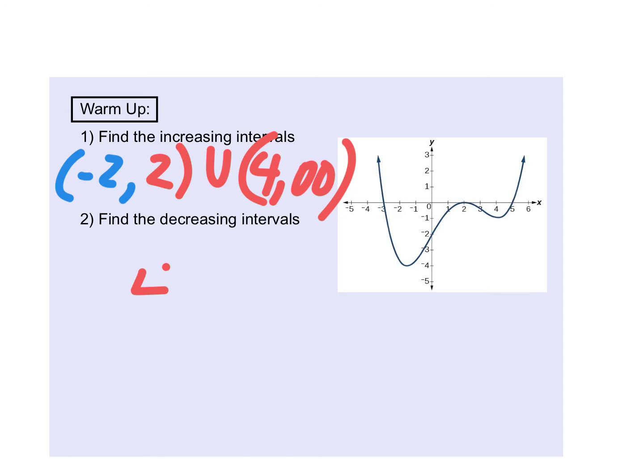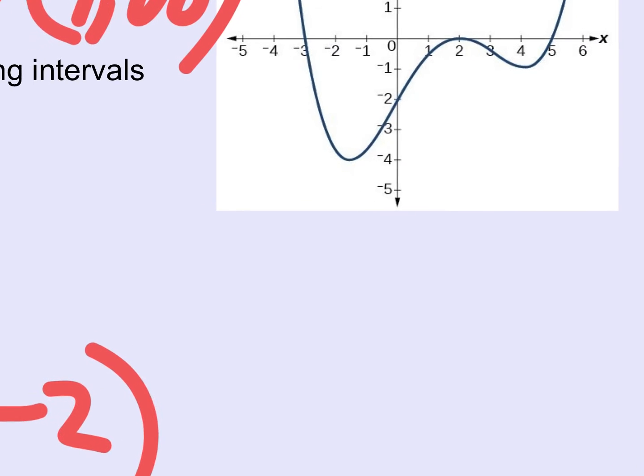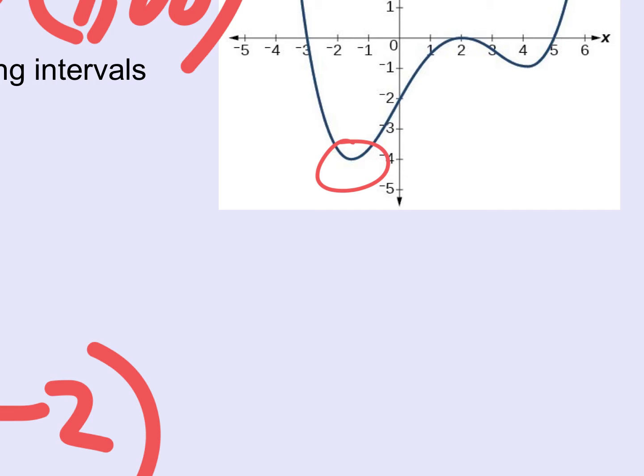It's from 2 to 4. Is that the only decreasing interval? No, there's another place. From where? -infinity to -2. Okay, this place is special. It's not only the local minimum, it's the absolute minimum.